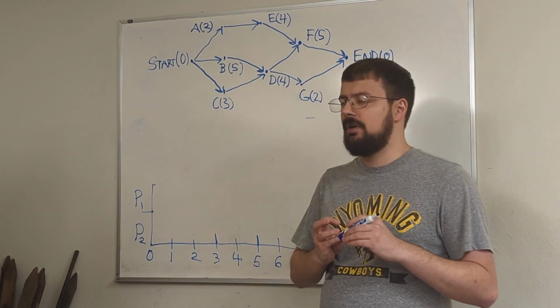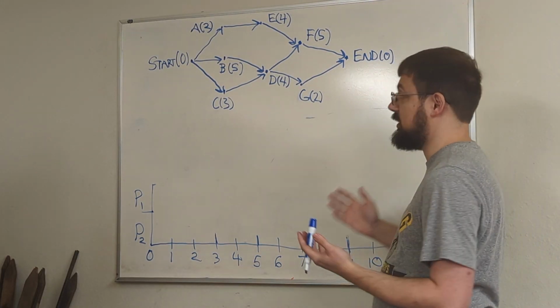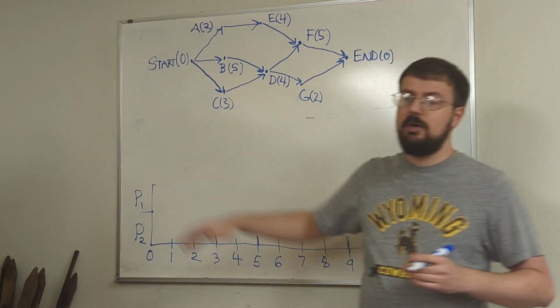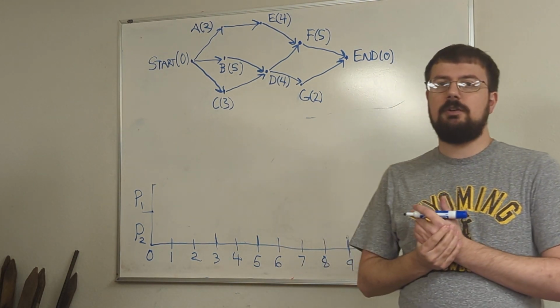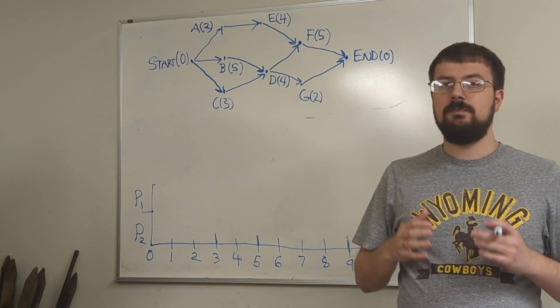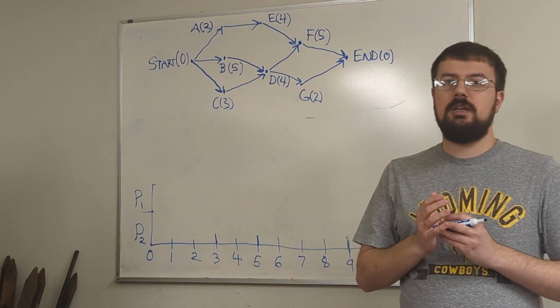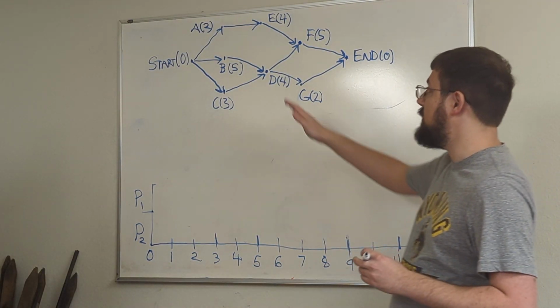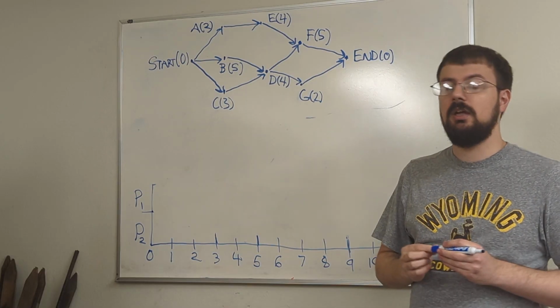So the backflow algorithm, the way that this basically works is we are going to take every single vertex on our project diagram and we are going to figure out what we call the critical time from that vertex to the end. The critical time is basically the longest possible processing time for any path from that vertex to the end.